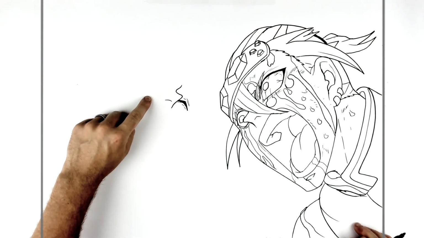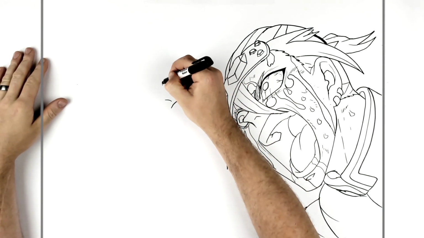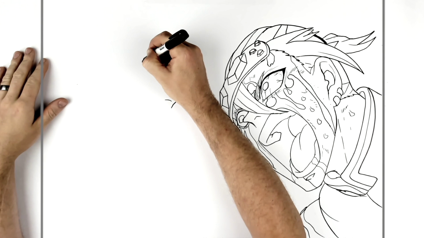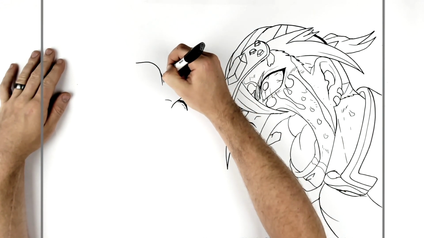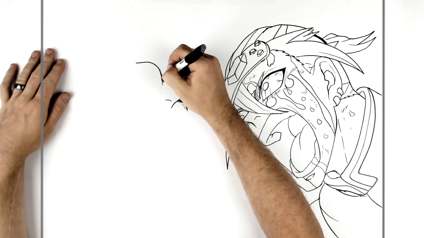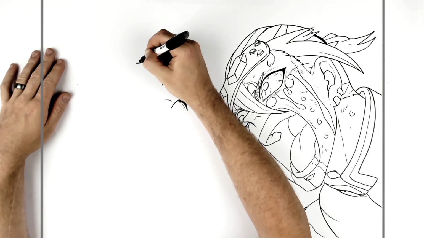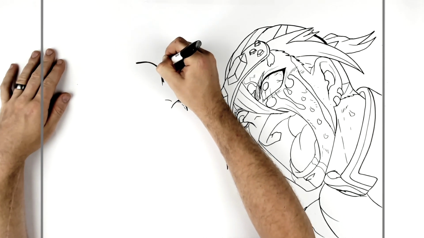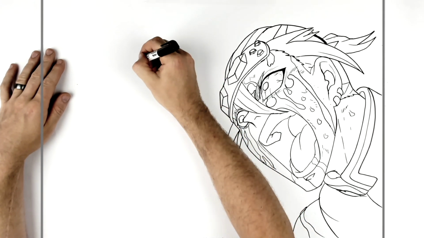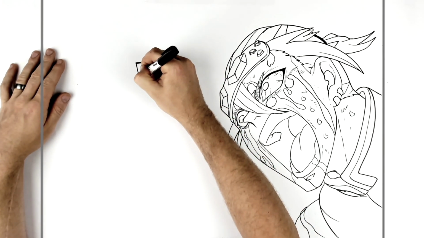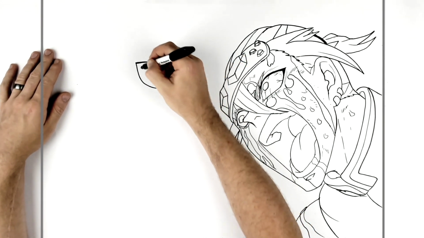So the big eye over here. So we go up and down. Curved line that way. And you want to sort of thicken it up the top. Kind of like Tengen's. And then it comes down around into there somewhere.